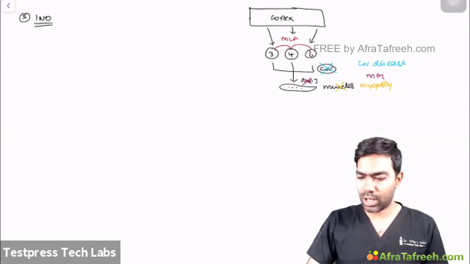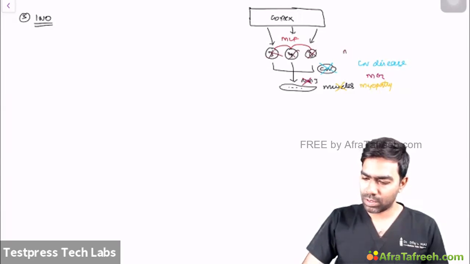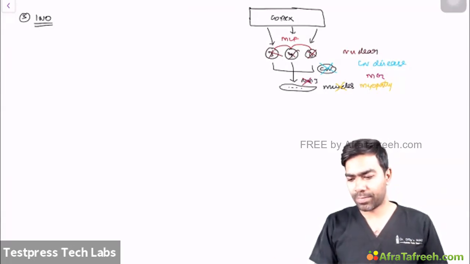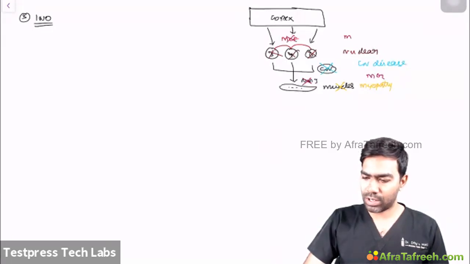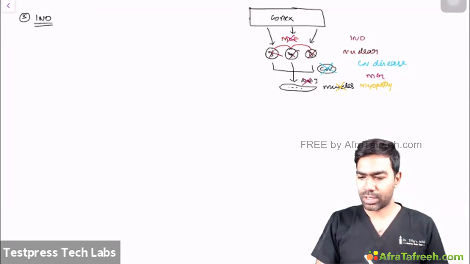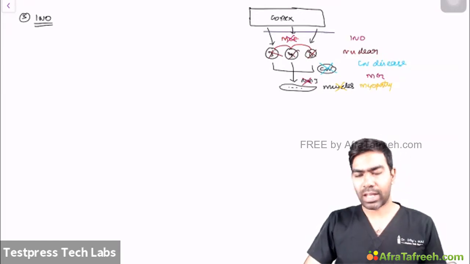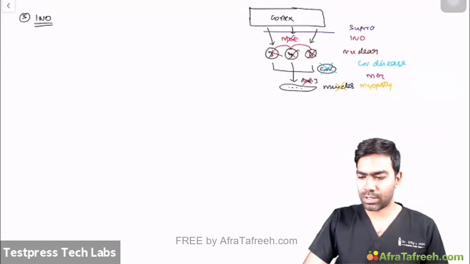Or a nuclear problem can produce ophthalmoplegia. Or it could be an MLF problem, which produces internuclear ophthalmoplegia. If the problem is above the MLF, it can produce a type of ophthalmoplegia called supranuclear palsy.